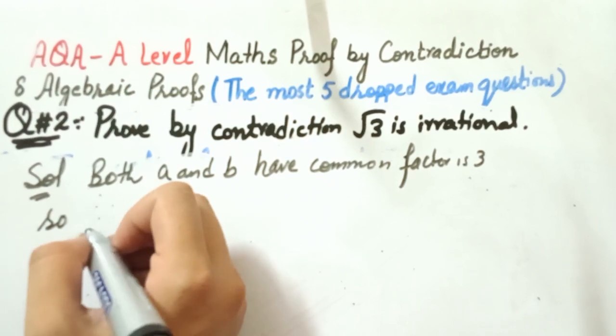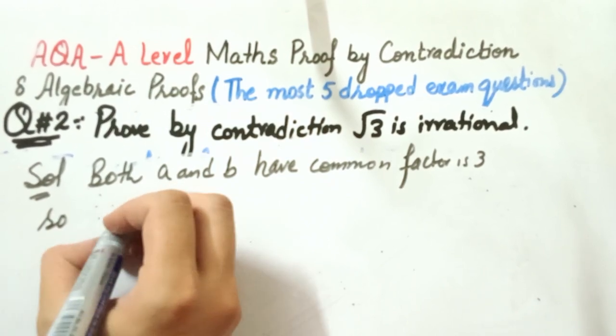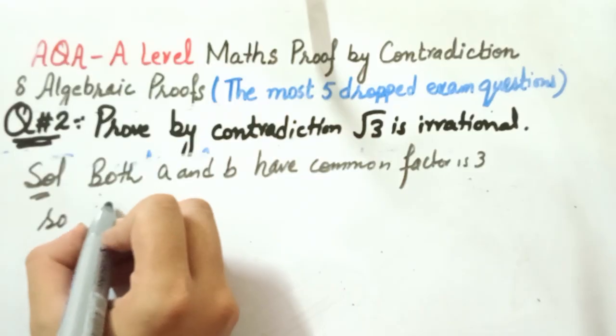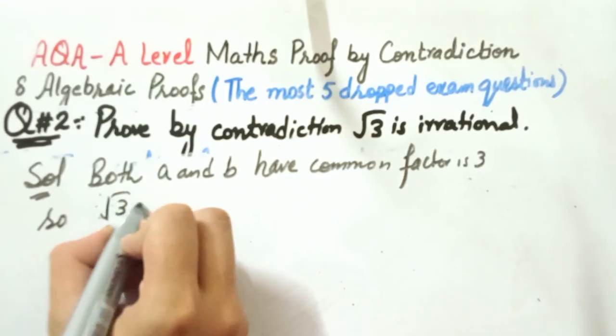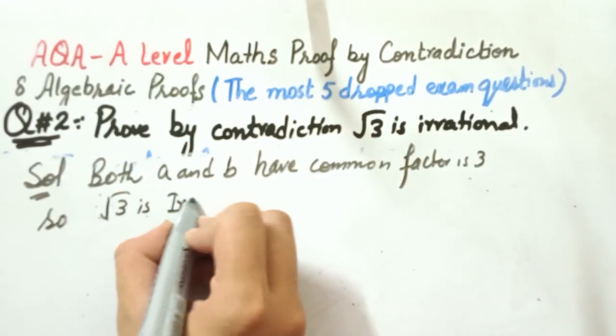But in the start we have considered both are in the simplest form, so we will write that root 3 is irrational.